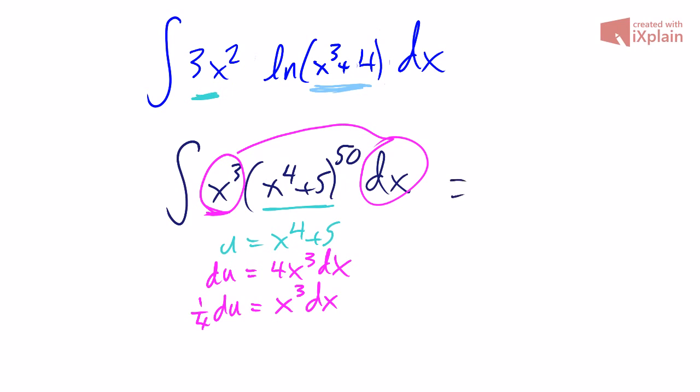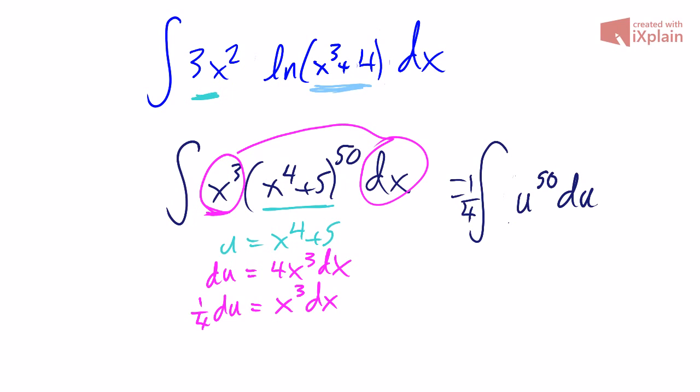All right, so then using u-substitution, I have the integral of u to the 50th, because x to the 4th plus 5 is u. And now x cubed dx gets replaced with 1/4 du. All right, and now I could compute this antiderivative using the power rule for antiderivatives.